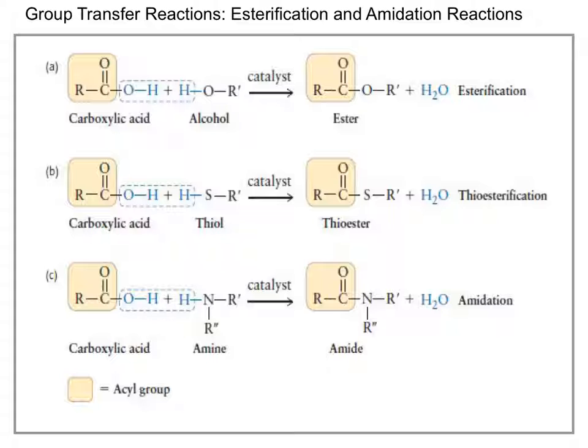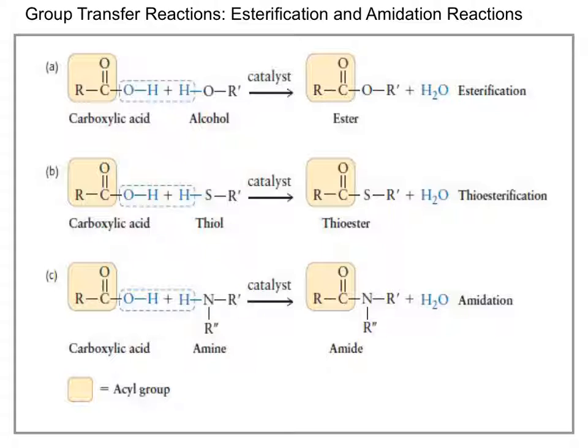And also recall that amides consist of a nitrogen group attached to our carbonyl carbon. The mechanism by which these reactions take place involves the OH from a carboxylic acid and the hydrogen coming from either the alcohol, thiol, or the amine.